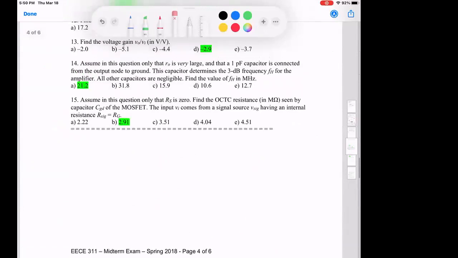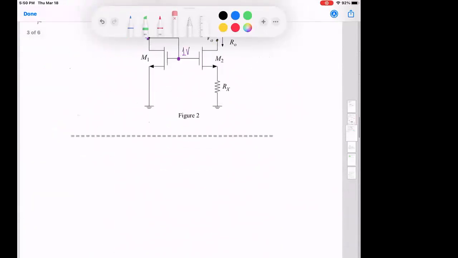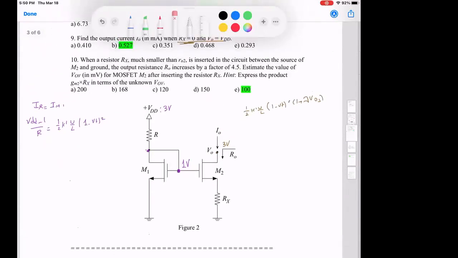Sorry. When it is inserted here at this node, the output resistance RO increases by a factor of 4.5 times.